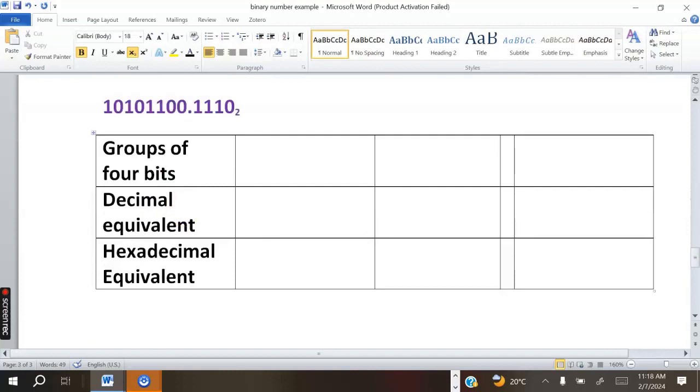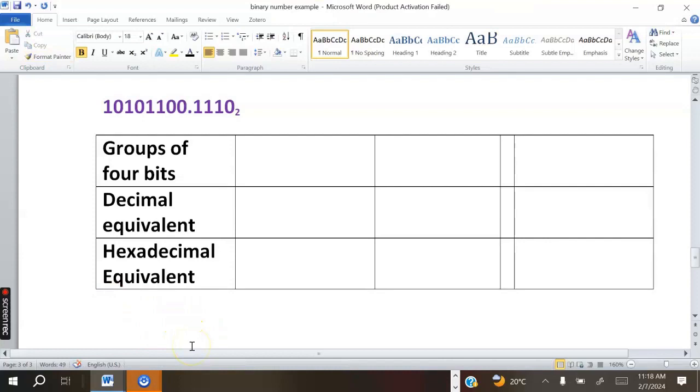Now for your exercise, you can try to practice with this one. You group it in a group of 4, and if they are not enough, try to add another 0, factoring in the rules that I've already highlighted to you. And you should get this answer to confirm whether you have done the right thing.